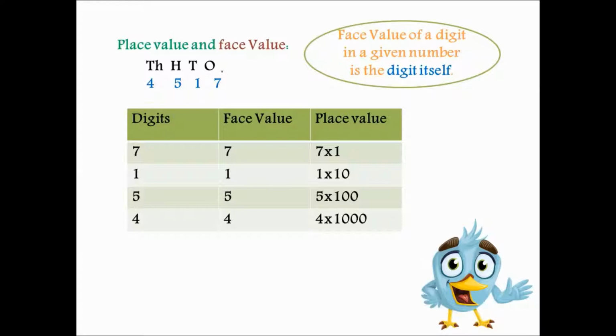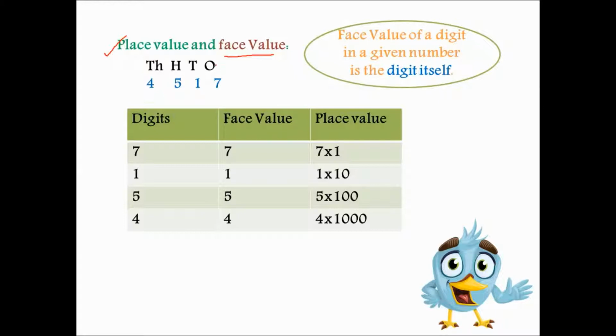Now we have learned about the place value. Now let us consider the place value as well as the face value of a given number. What is a face value? Suppose the number is 4517.